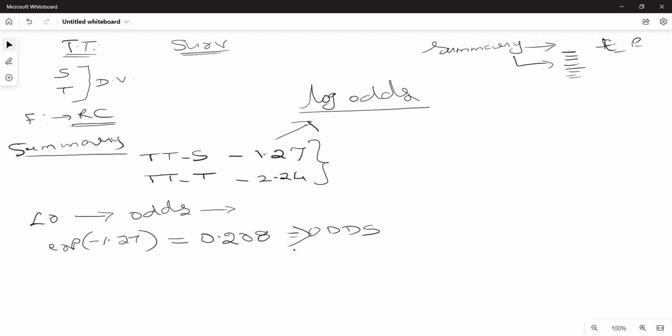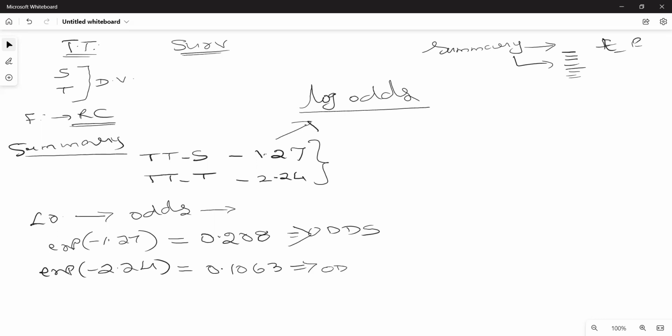Now, similarly, if I take the exponent of the number minus 2.24, I get an odds value. Let me calculate it, and this comes to 0.1063.